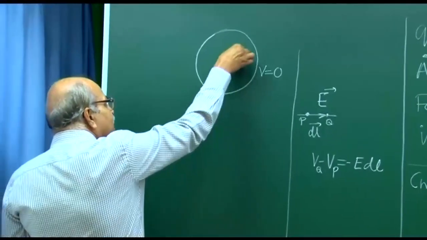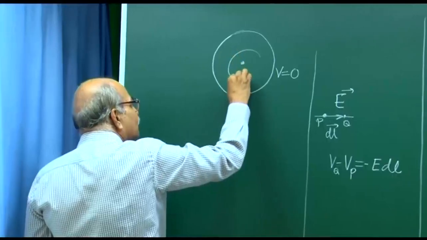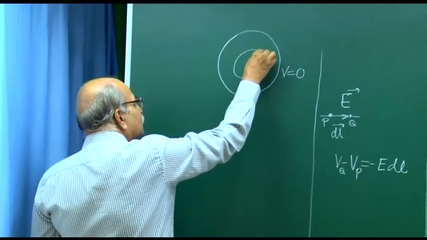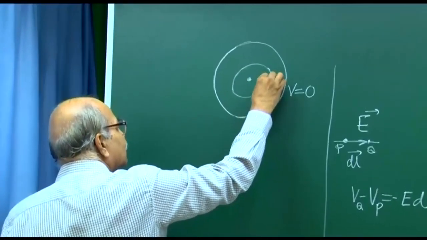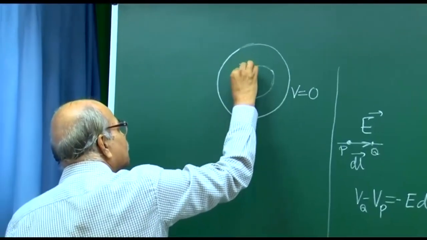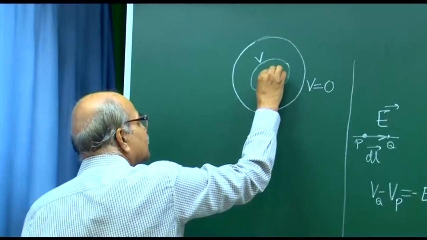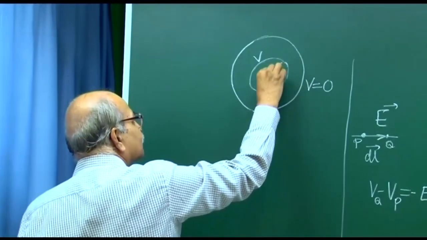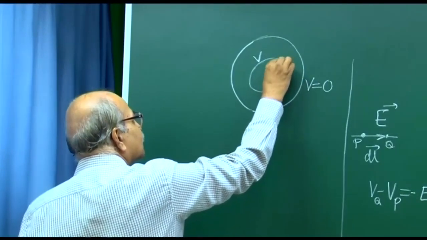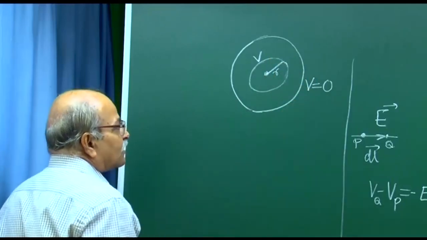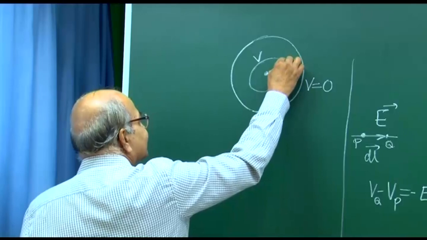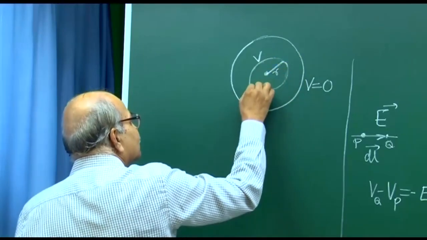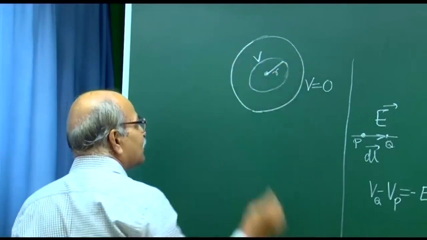And then I have a circle, and what I find is that on every point on this circle the potential is the same. If this distance is r, you can ask what is the potential V at this distance r, no matter in which direction. These potentials are all the same.